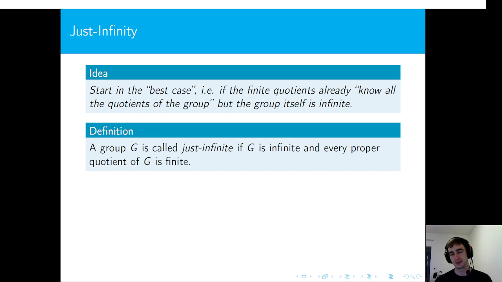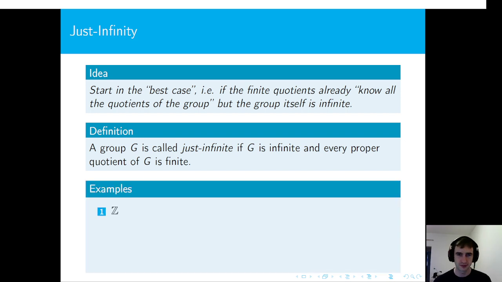This has been studied in the past, so it is not a new concept, but for the study of profinite rigidity, at least from my intuition of mathematics, this seems to be a very good starting point where you would really expect some results to hold.